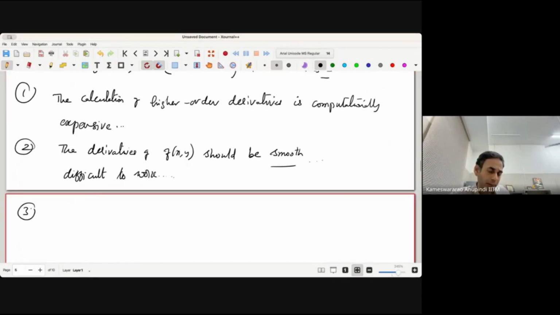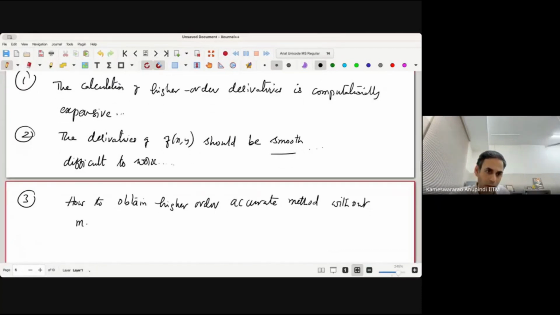However, later on in the coming up lectures, we will see how to obtain a higher order accurate method without making use of higher order derivatives.